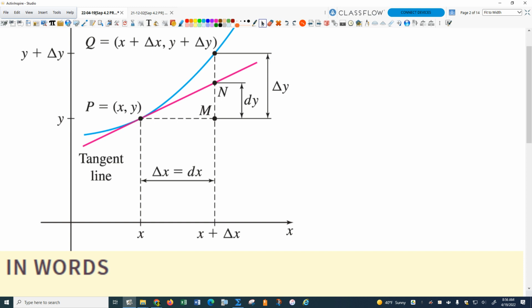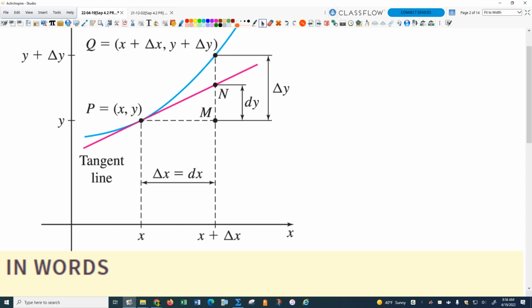It's different than delta y, right? Delta y is how much the function has actually changed from its starting value. So there's the original y value. We scoot to the right by some amount, delta x or dx, we'll call it either one, and the function's going to go up to some new value, which is whatever it is when I plug in x plus delta x into my function, right?